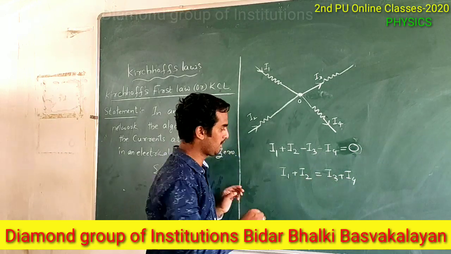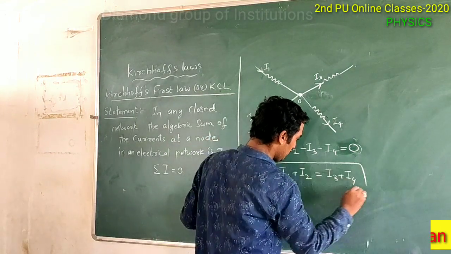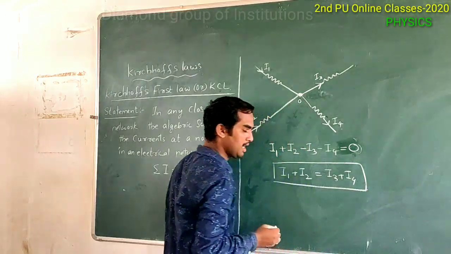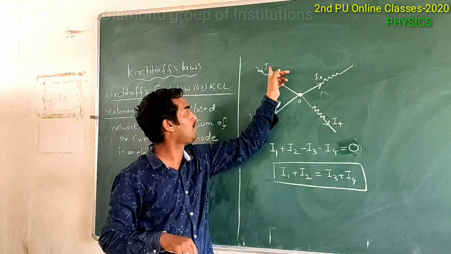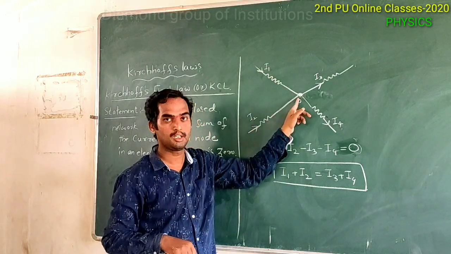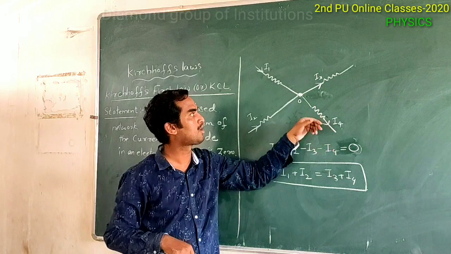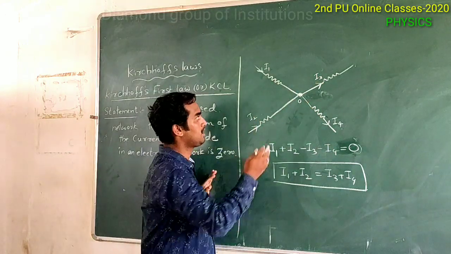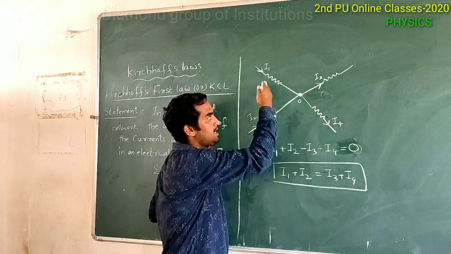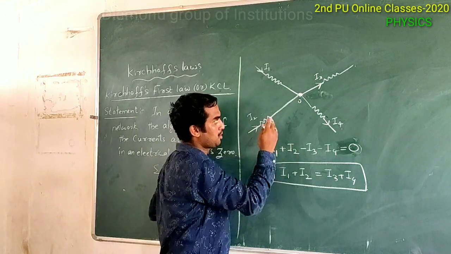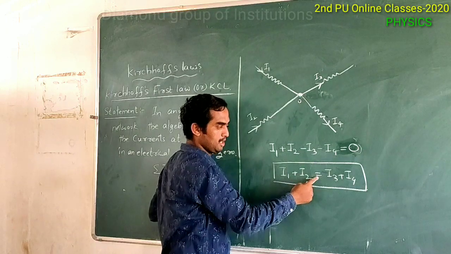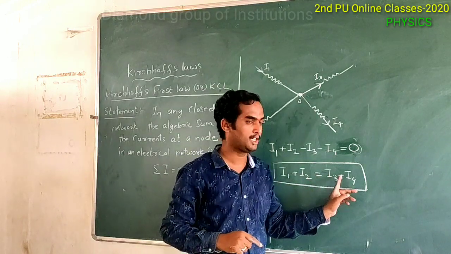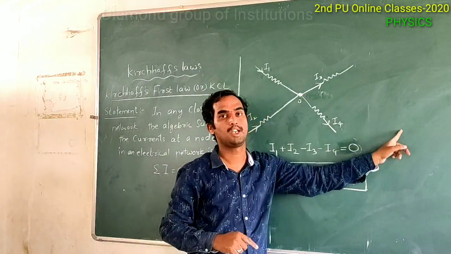So using this relation, we can state in another form: I1 and I2 are approaching and I3 and I4 are leaving. That means the total current entering the junction is equal to the sum of the current leaving the junction.